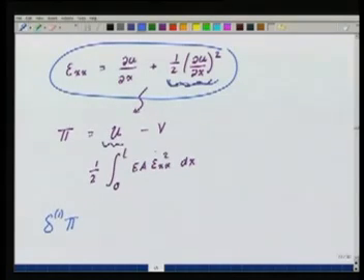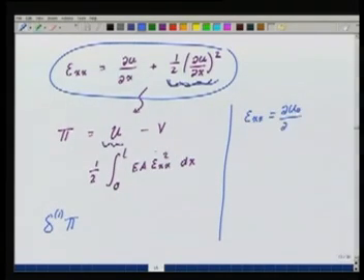Similarly, I can have the case of the nonlinear beam deformation, where in the case of the beam, Exx would be equal to del u naught del x, minus z del 2 w del x squared, plus half del w del x whole squared.